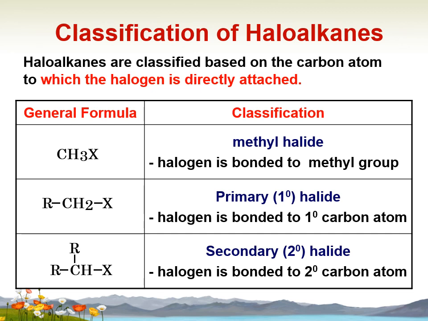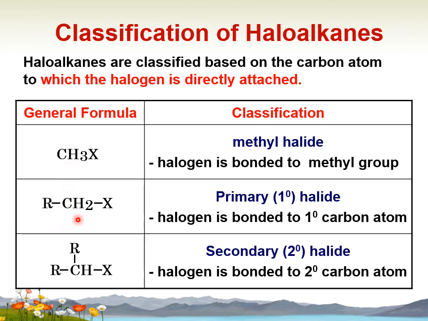Haloalkanes are classified based on the carbon atom to which the halogen is directly attached. For example, if we have CH3X, X is basically attached to a methyl group, CH3.